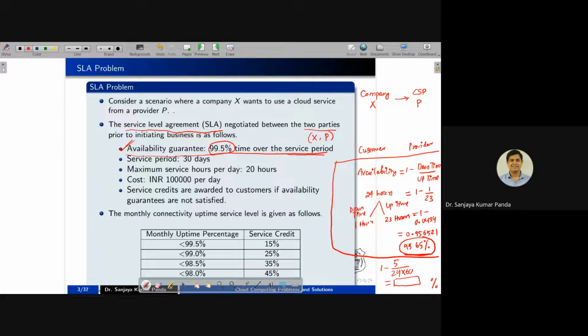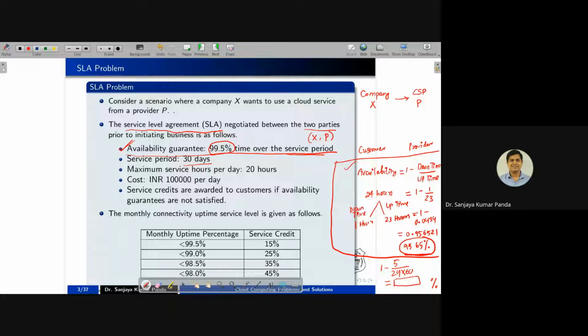So that is the meaning of this statement: availability guarantees this much over the service period. Now in the second condition, it is written that the service period is 30 days. Here I showed you availability calculated with respect to 24 hours, that means one day. But here it says we need to achieve 99.5% availability over 30 days.